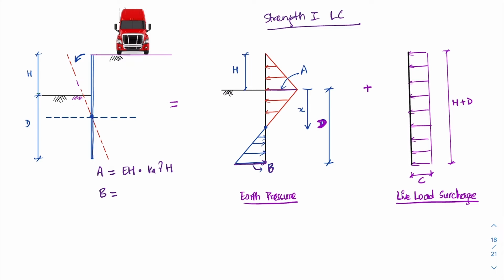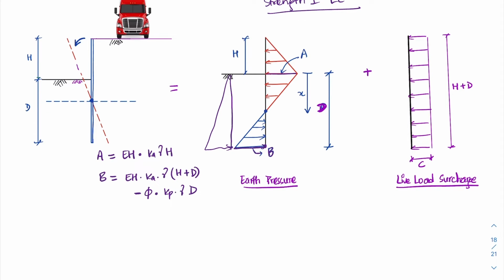So the active earth pressure at this point will be EH, the load factor, Ka γ, and the height will be H plus D. And for the passive pressure, we will use the resistance factor φ, which is 0.75, times Kp γ, and it will basically be this side, so it is γ D. So that's B.